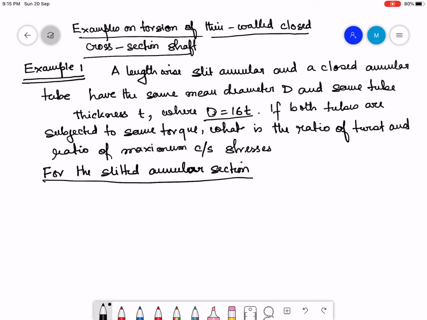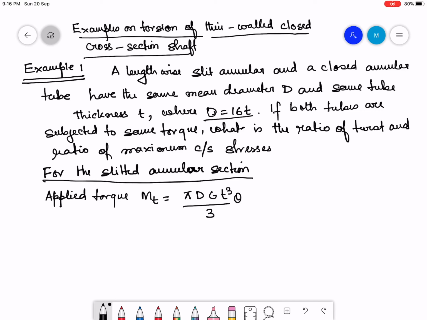Okay, so let us talk about the applied torque. Let us call the applied torque mt, which for an annular section with a slit is going to be the circumferential length, which is pi d, into g, into t cube by 3 into theta.